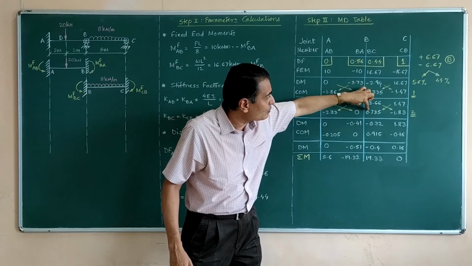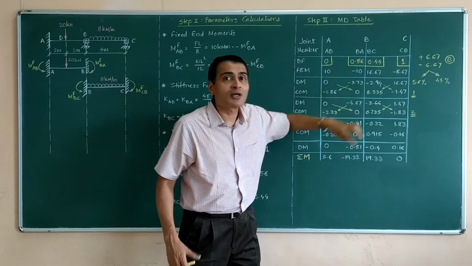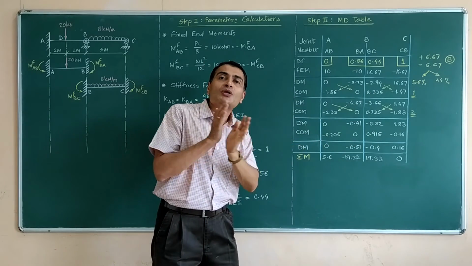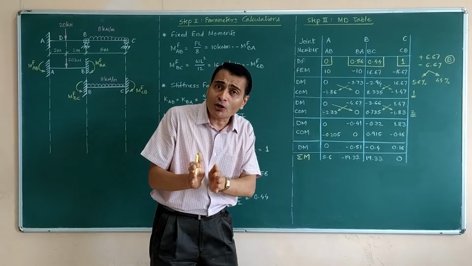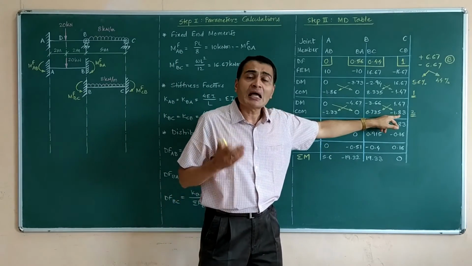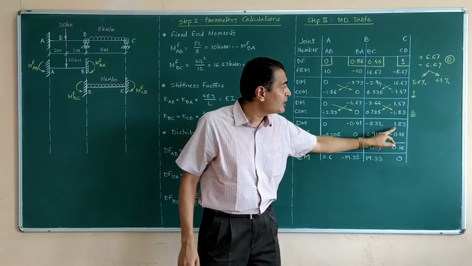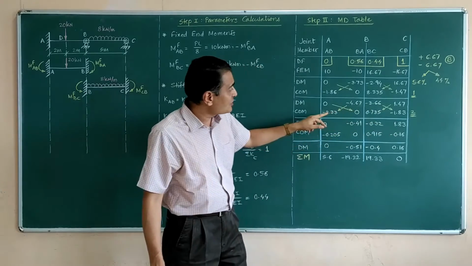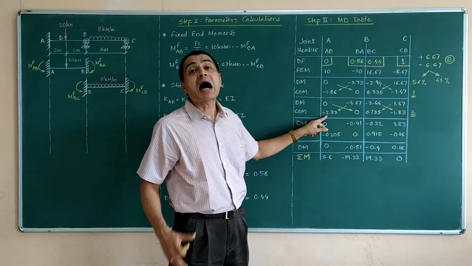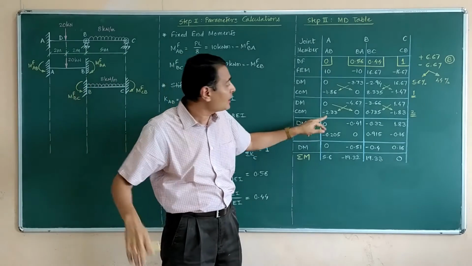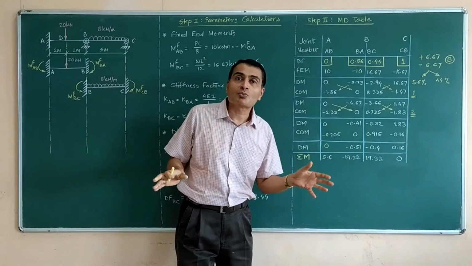This difference is positive, so I apply negative and it gets distributed as 56% and 44%. Similarly, this is negative 1.83, I apply 1.83, it is completely getting absorbed by CB. This is negative 2.33, I apply 2.33, but it is totally going into the wall and I am getting 0. Distribution factor is 0.